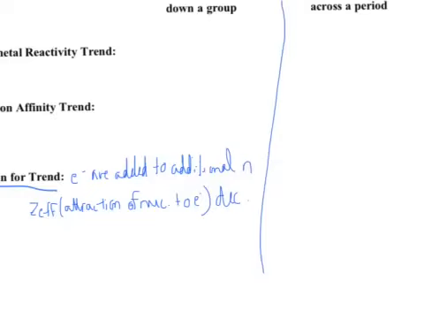Now, let's talk about nonmetal reactivity. Remember we said nonmetals react by gaining electrons. So let's think about this. If the protons are not pulling in the electrons as much, would it be easier or harder for the atom to gain an extra electron?